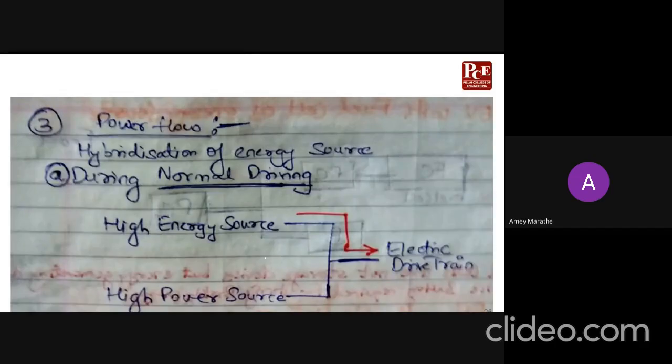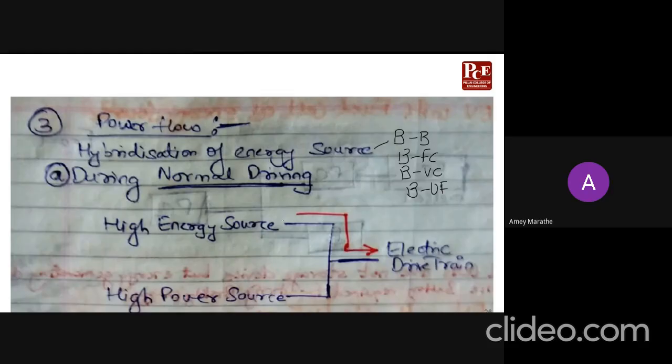Now, what we have seen up till now is the hybridization of energy source. When I say hybridization, we are talking about either battery with battery, or battery with fuel cell, or battery with ultra capacitor, or battery with ultra flywheel. These are the different hybridizations of energy sources which are possible. So what happens during normal driving?